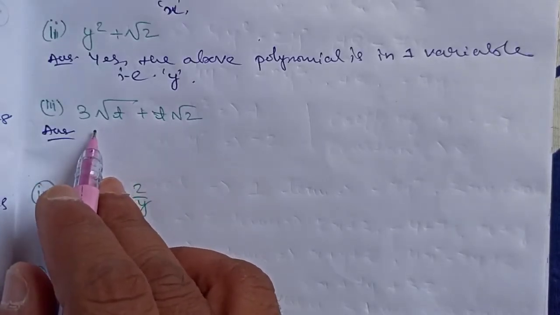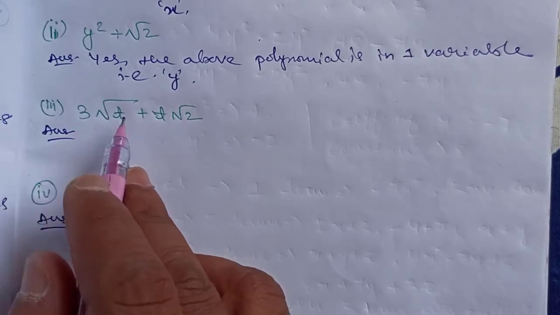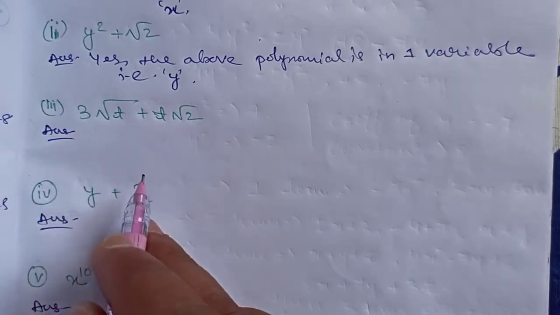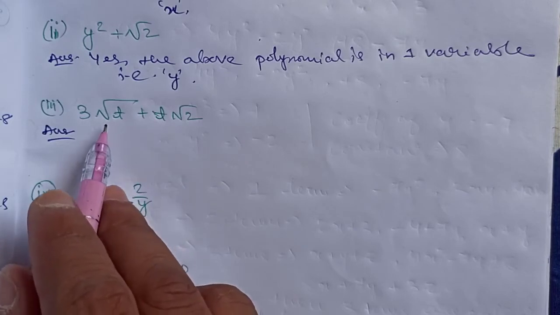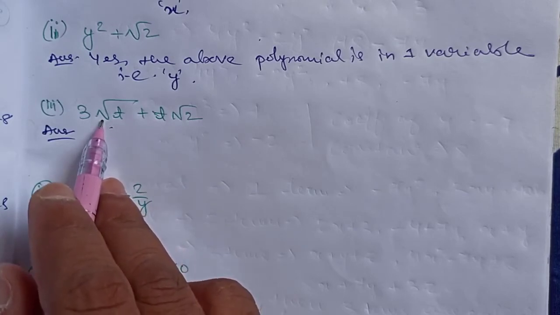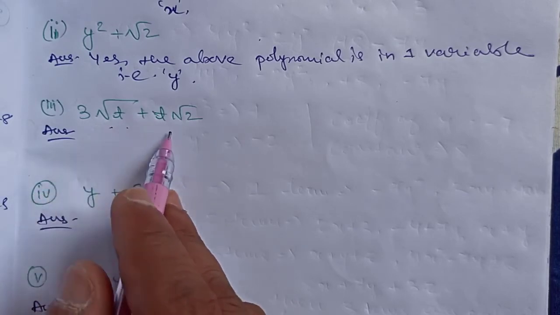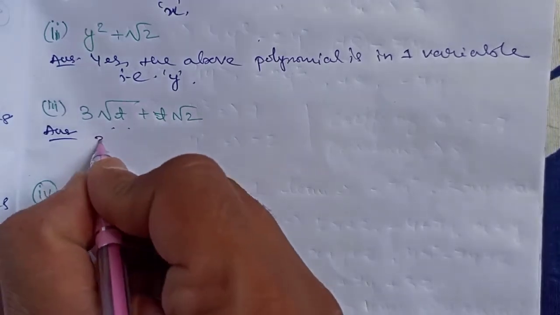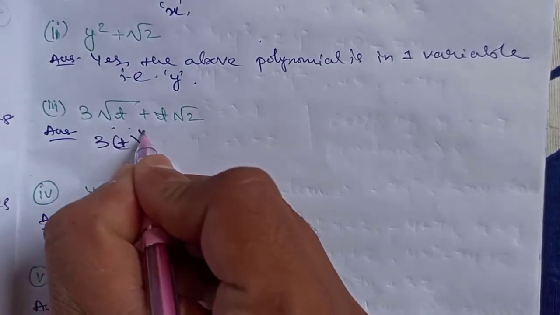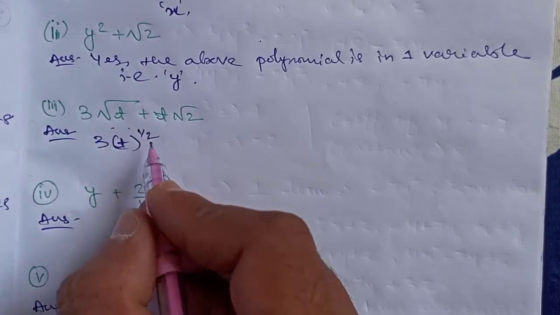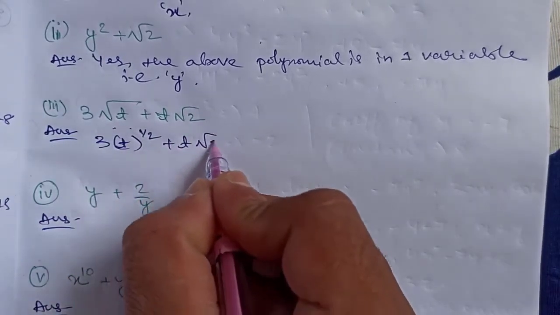Third part, it is given 3 root t plus t root 2. First of all we will check whether it is a polynomial. Tell me whether it is a polynomial. No, this is not a polynomial. Why? Because if I write the equation with the degrees, root t will become t to the power half plus t root 2.